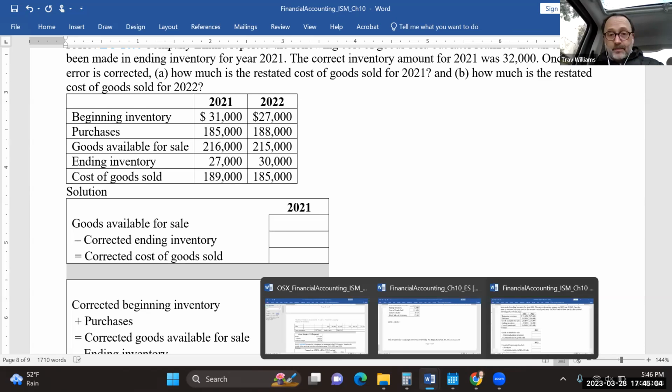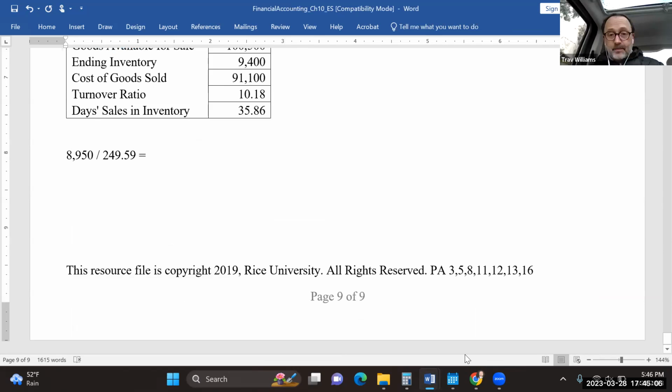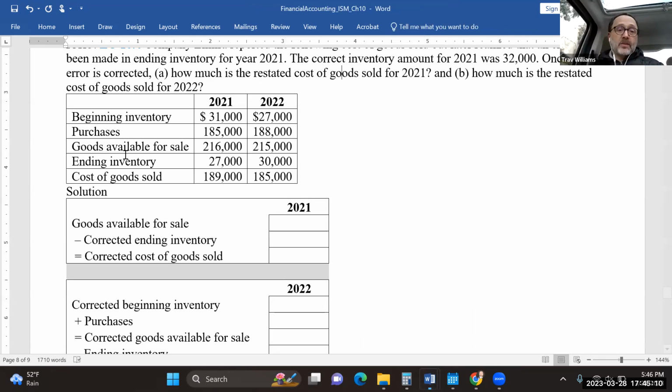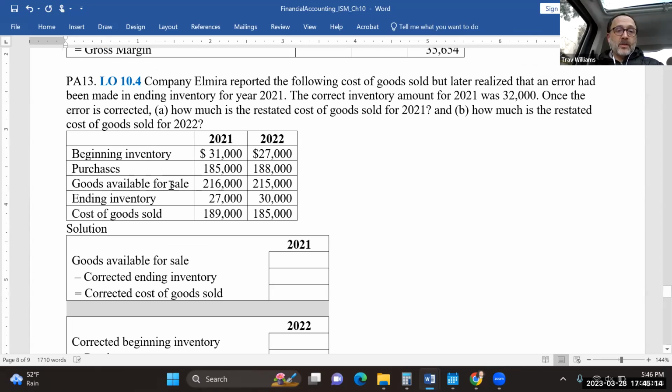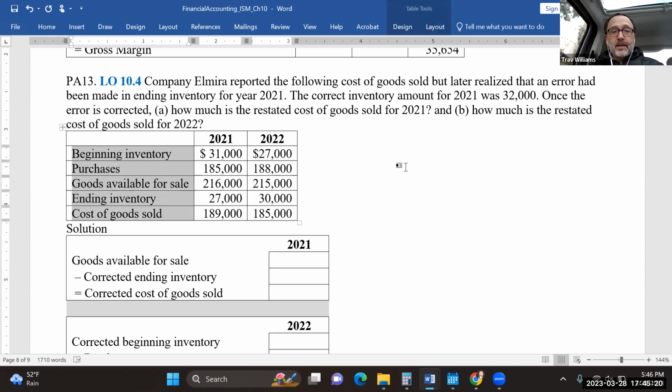Okay, problem 13. In this situation, we have data for 2 years, and this is the same formula we saw before. Beginning inventory plus purchases is goods available for sale, minus ending inventory is cost of goods sold, right? The problem is, in the data here, there's a mistake. This ending inventory is incorrect.